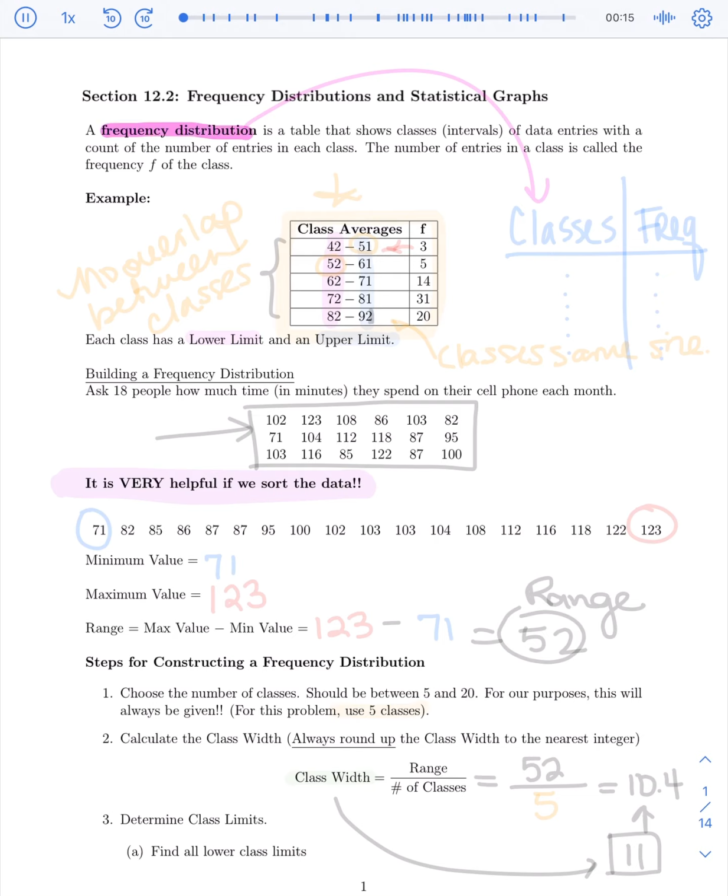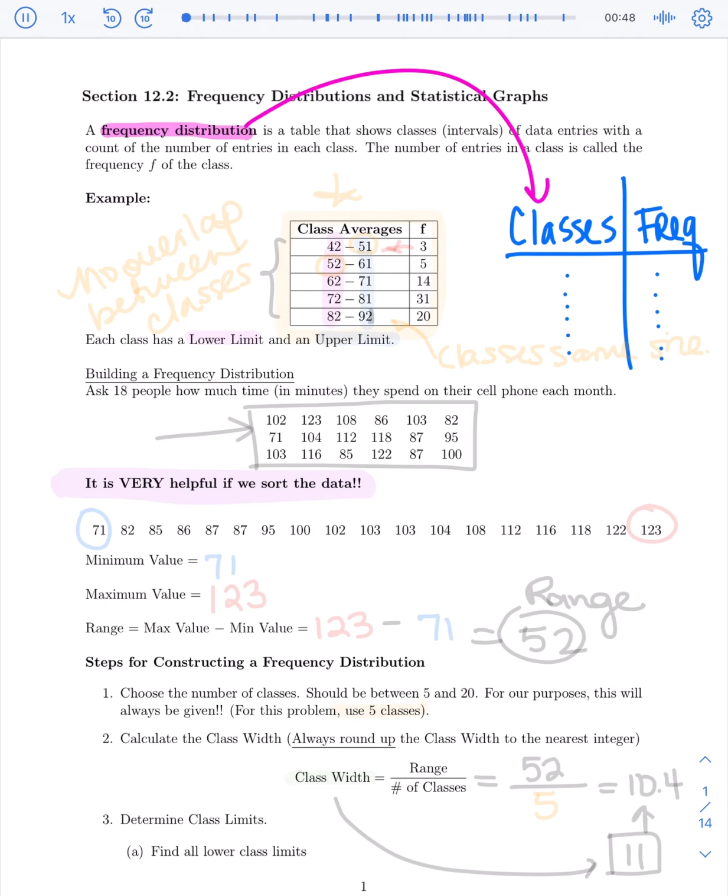A frequency distribution is a table that consists of some classes on one side, and some frequencies on the other side. So you have some classes and then the frequencies that match up with those classes on the other side. That is what is considered a frequency distribution.